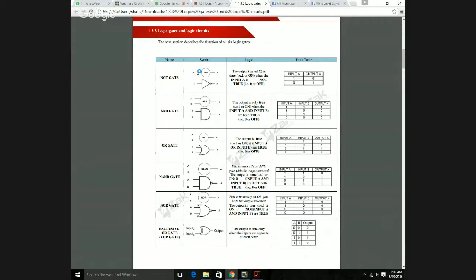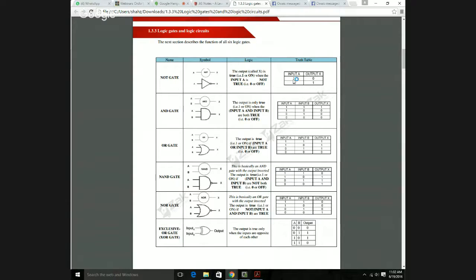These are the only digits we will play with in logic gates and all logic circuits. If we give 1 at input A, it will give us 0 at the output. And if we give 0 at the input, it will give us 1.